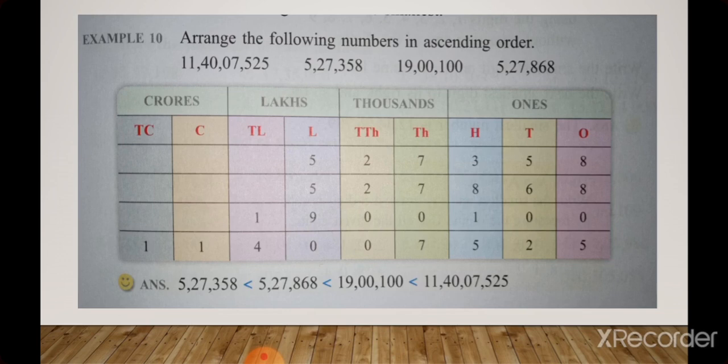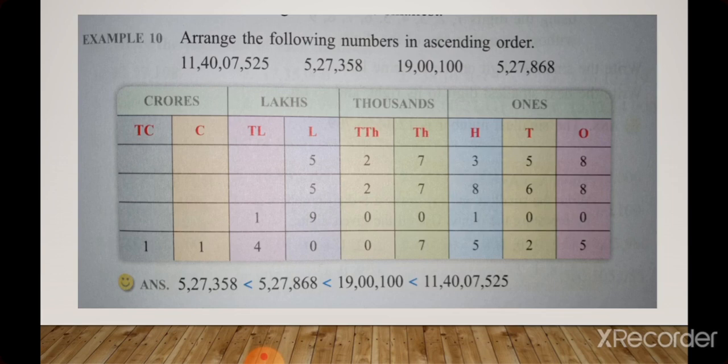The first number has totally 9 digits, the second number has totally 6 digits, the third number has totally 7 digits, and the last number again has totally 6 digits.